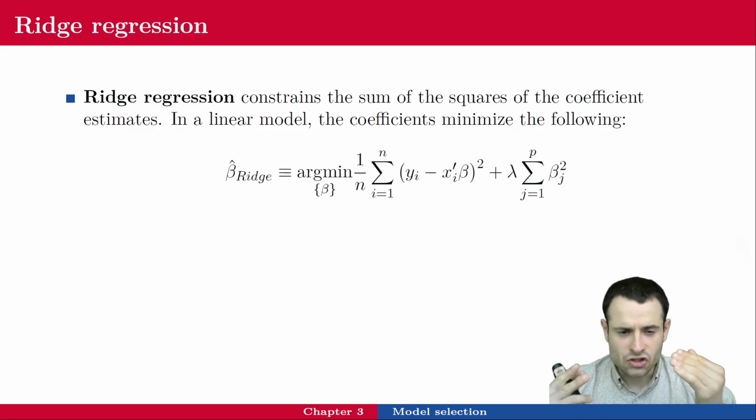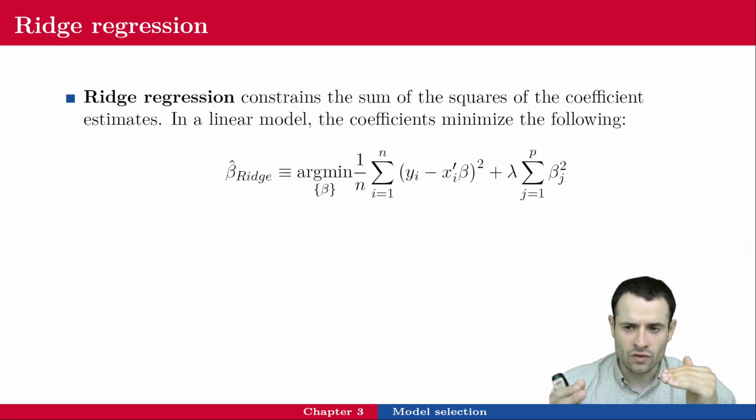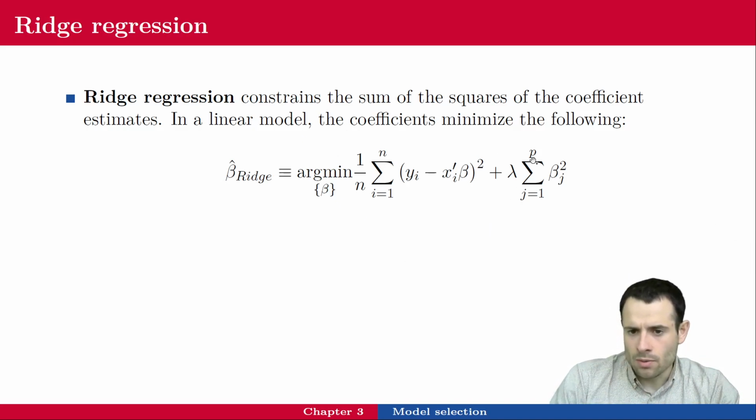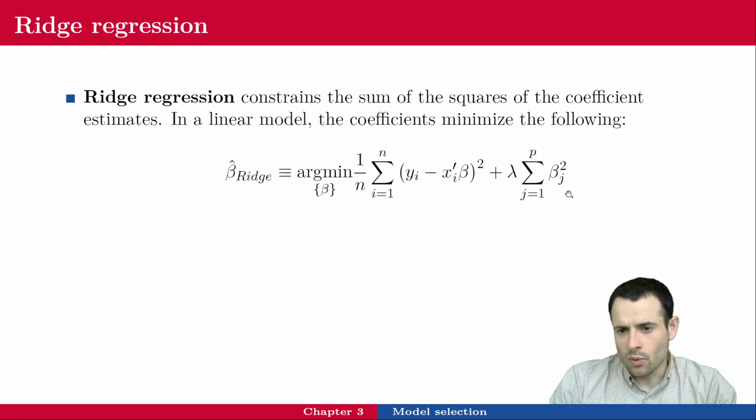It constrains the sum of the squares of the coefficient estimates. So it estimates a linear model, but in the minimization problem, it adds this component here, where the sum of the beta squared should not be too high.